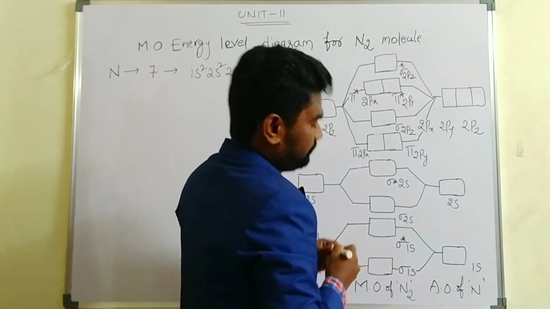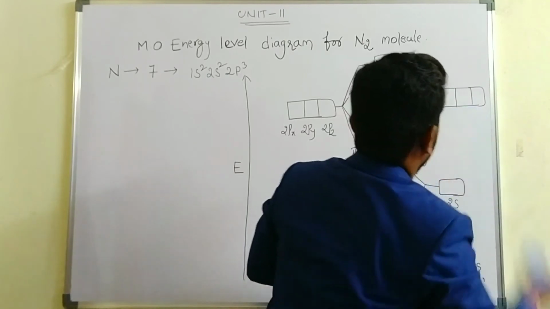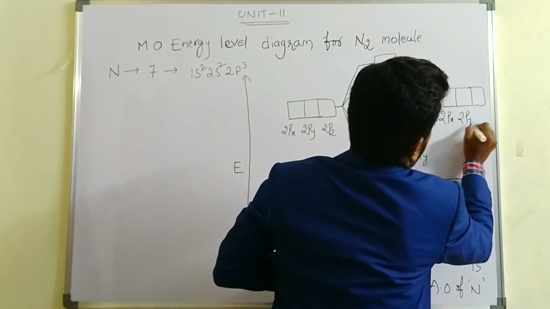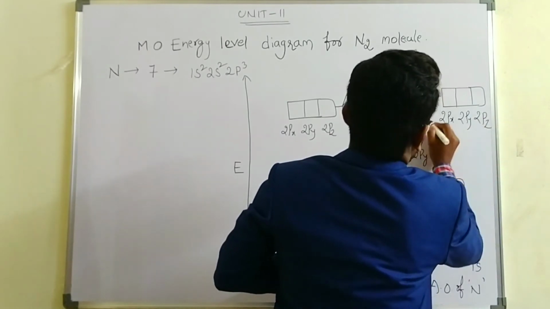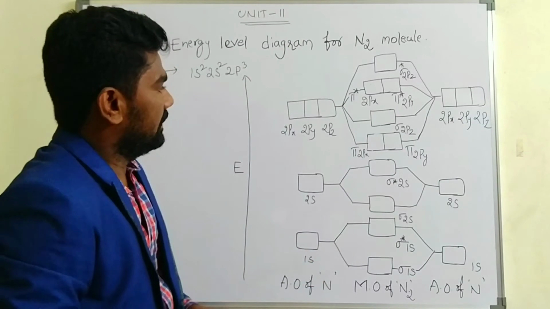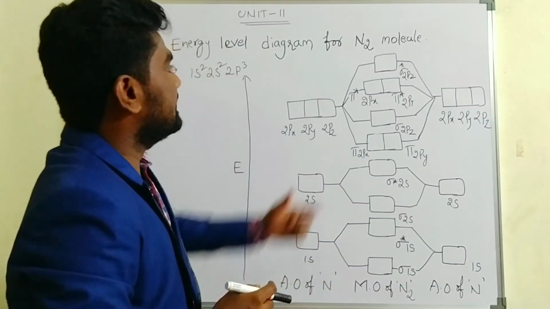Okay. This is 2px, 2py, 2pz. Isn't it? Yeah. This is the molecular orbital energy level diagram for the nitrogen molecule.